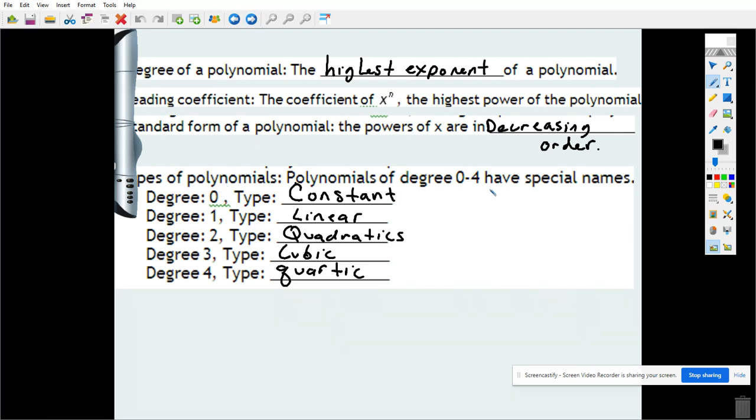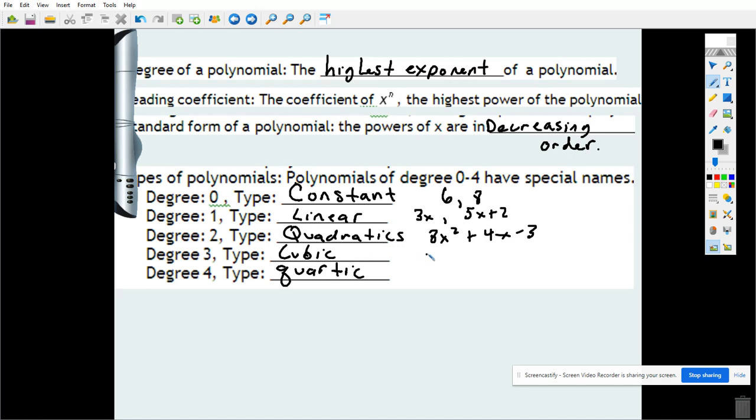So if there's degree 0, it's just called a constant. Like if I had a number that was 6, okay, or 8, those are constants. A linear would be like 3x or 5x plus 2 raised to the first power, okay? Quadratics would be raised to the second power, so like 8x squared plus 4x minus 3. That's what we dealt with all last chapter.